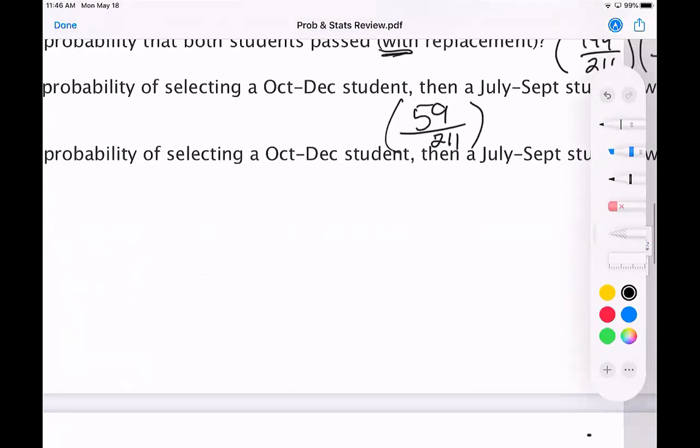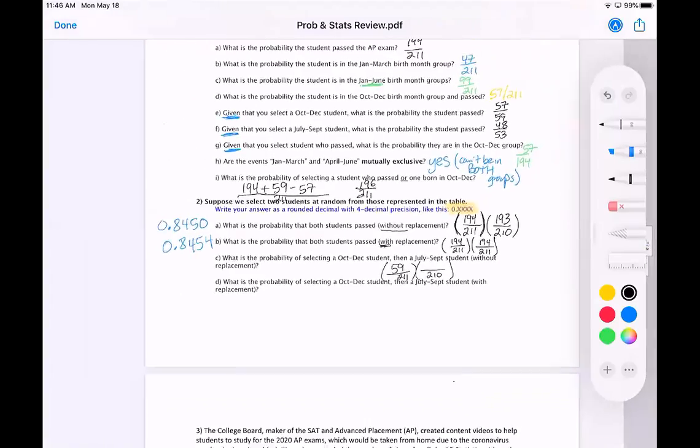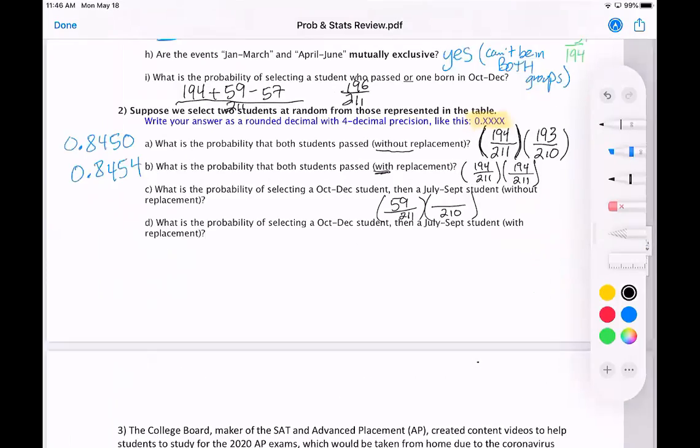That's the probability of picking an October-December student. And if it's without replacement, we're going to have one fewer student, 210, when we go to pick our second student. And the July to September students, there were 53.